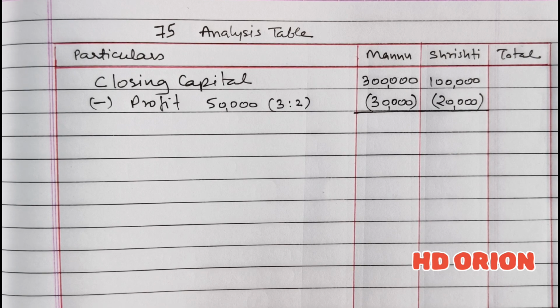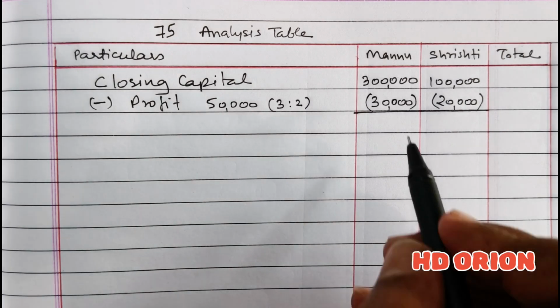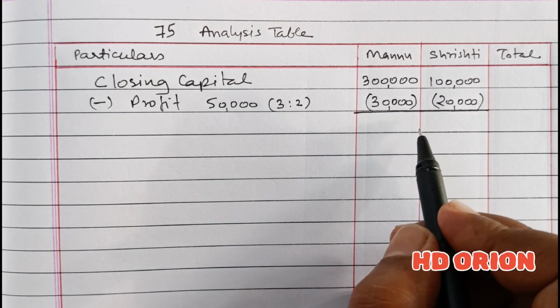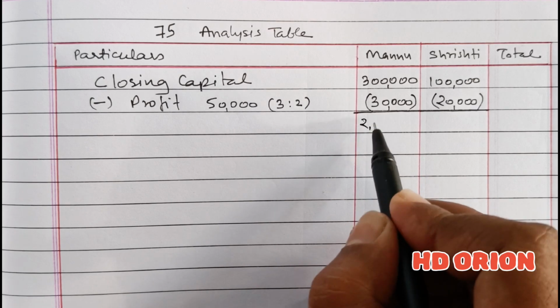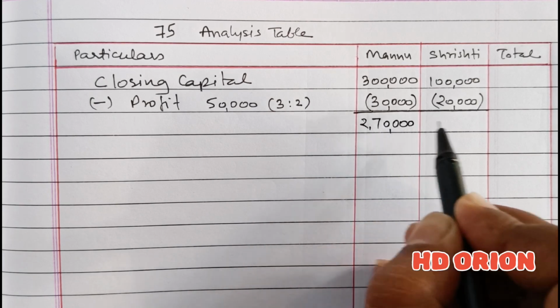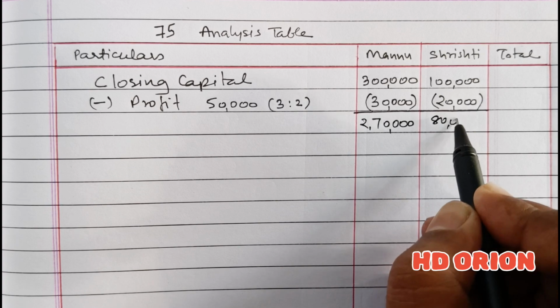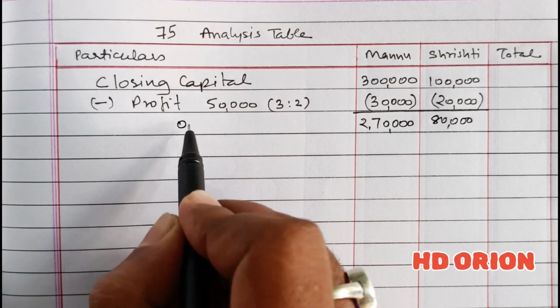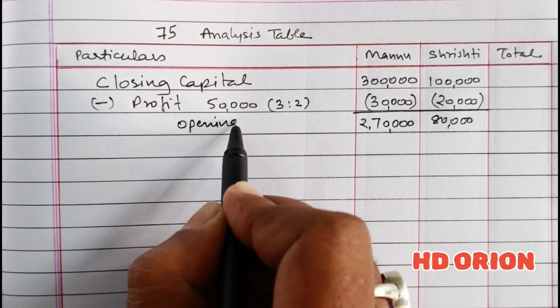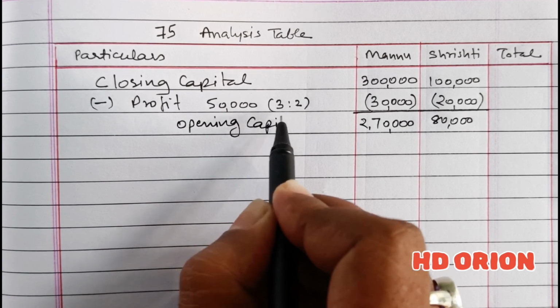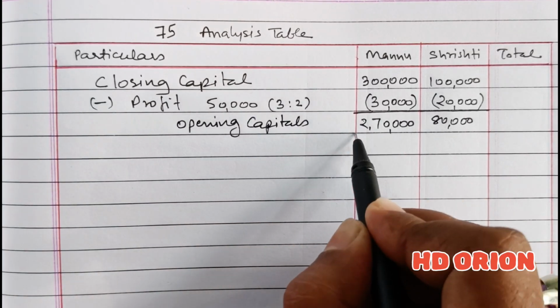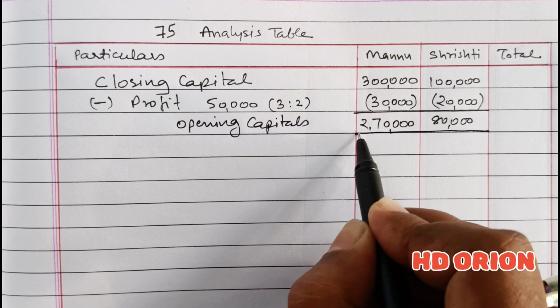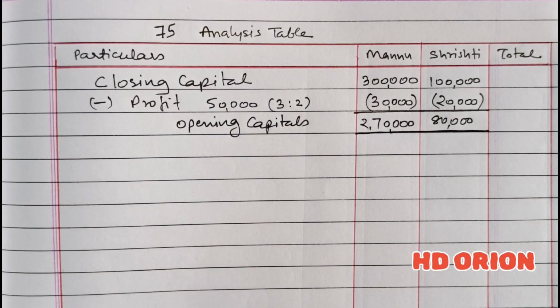It means drawings have not been transferred to capital account, and therefore we cannot add back drawings here. So whatever we get here, after subtracting, this is our opening capital. So this is the figure on which we have to charge interest on capital.